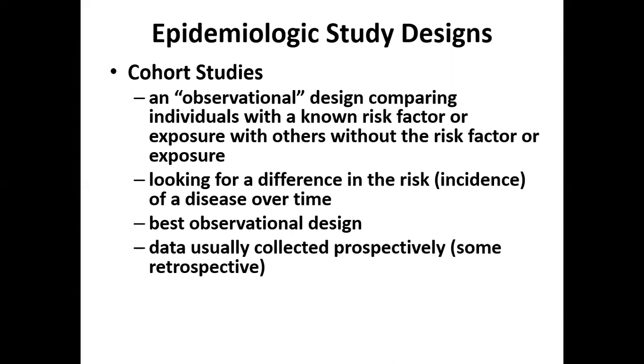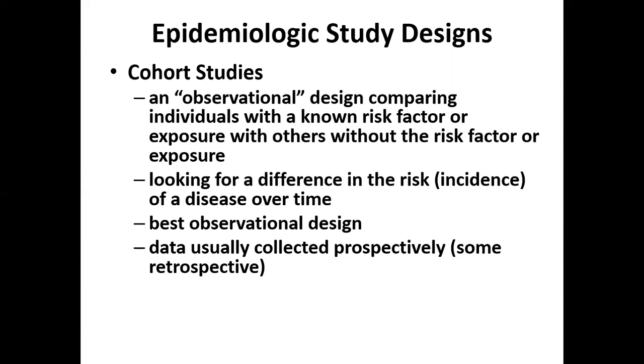We'll start with individuals with specific risk factors or exposure and follow them over time to know if they will develop the disease under investigation or not. So those are newly diagnosed patients, and this is called incidence. Actually, it is the best observational design.